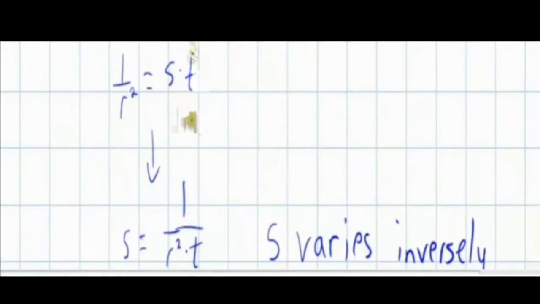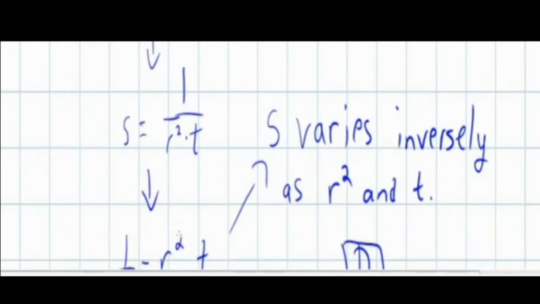Next, they say, how does S vary with R and T? So the next step I need to do is to solve for S. So what I started to do was I took the square of both sides so that I could get rid of the square root. Now I have 1 over R squared is equal to S times T. Take it one step further and I'll have S is equal to 1 over R squared times T because I divided by T on both sides.